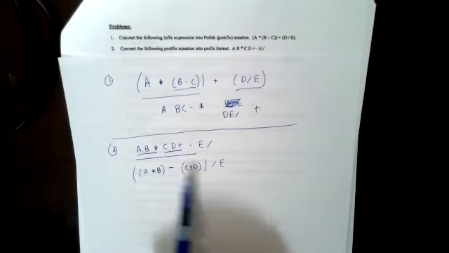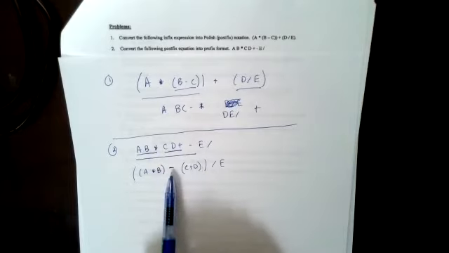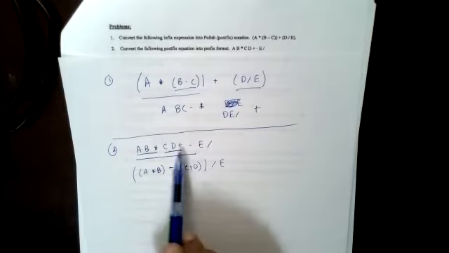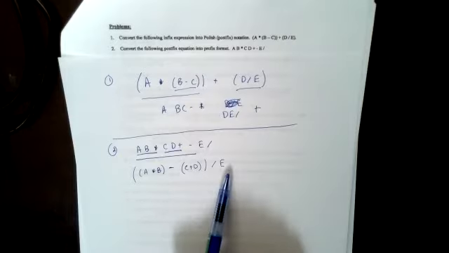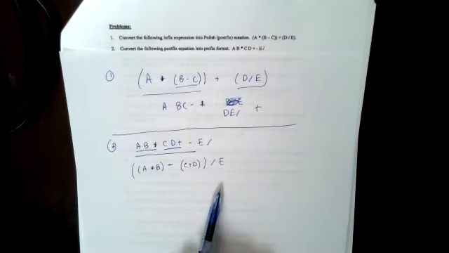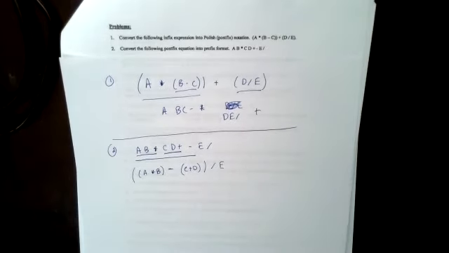A times B, C plus D minus, then that whole thing is divided by E. So I went from postfix to infix. Now I need to get it to be prefix.